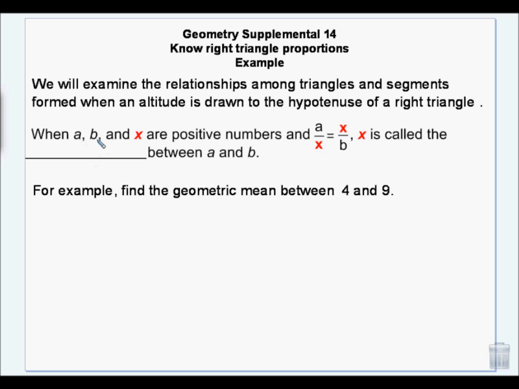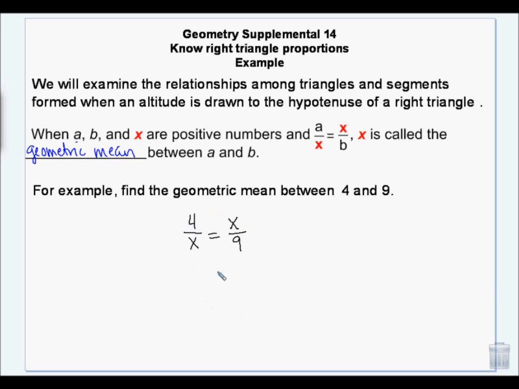When a, b, and x are positive numbers, a over x is equal to x over b. This is the geometric mean. So if I want to find the geometric mean between 4 and 9, I put 4 over x is equal to x over 9.